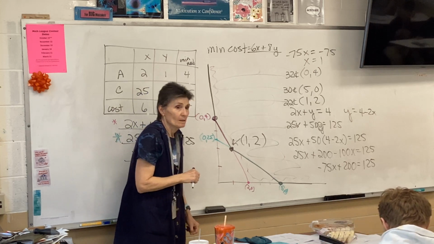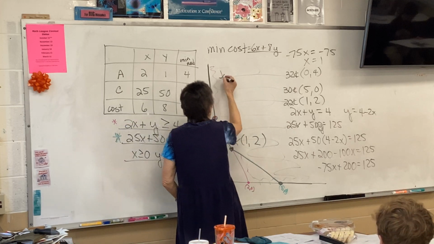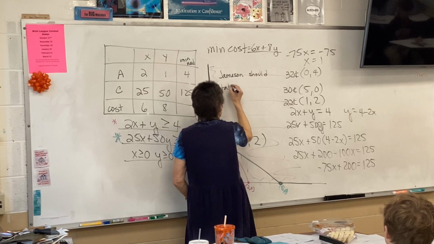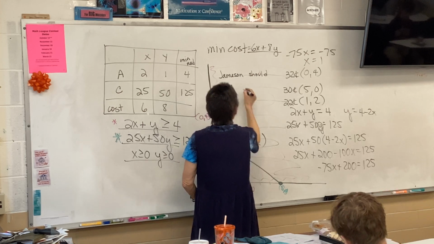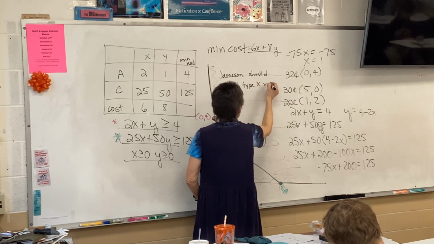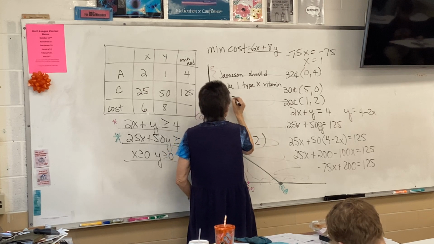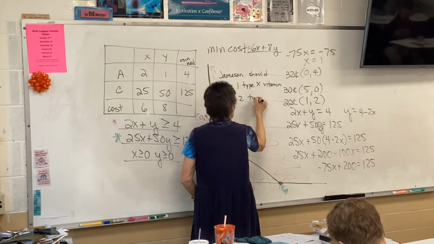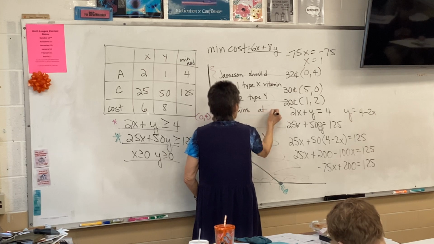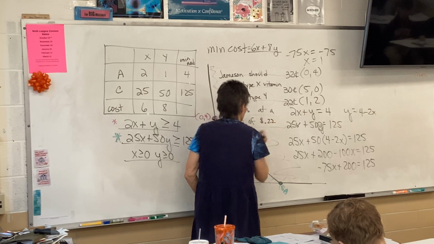All right. So what do I tell Jameson to do? Jameson should take 1 type X vitamin, or pill, whatever you want to call it, and 2 type Y vitamins at a cost of 22 cents.